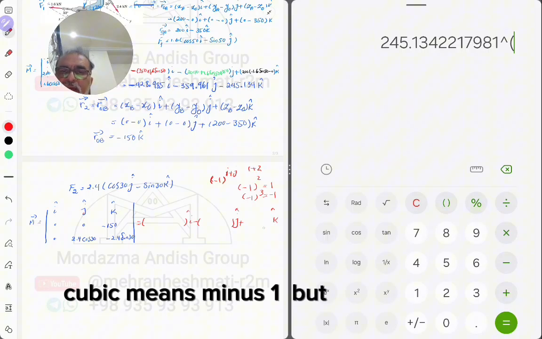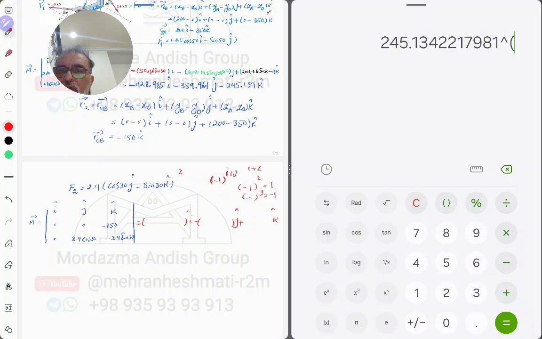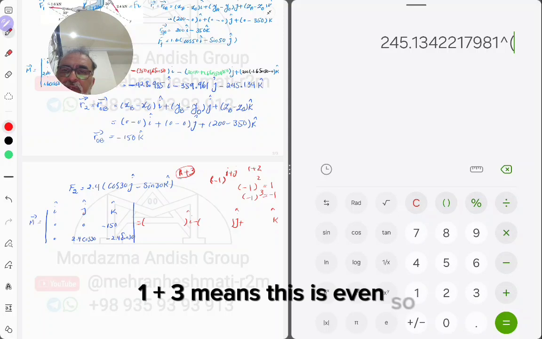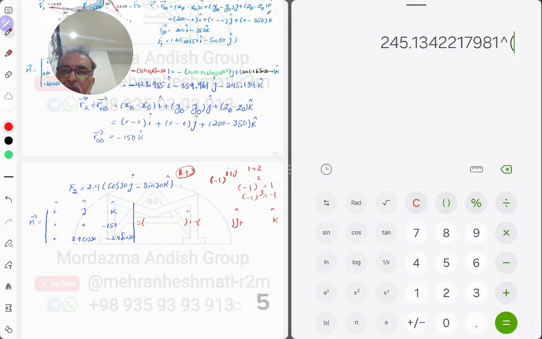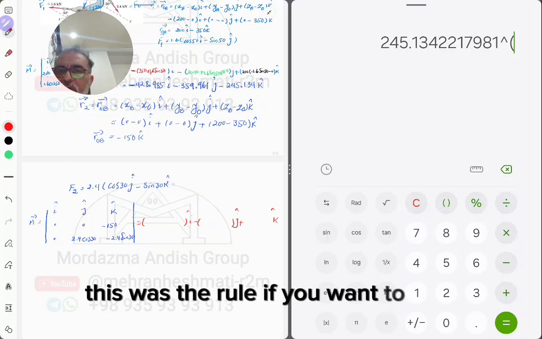But the third one is 1 plus 3, which is even, so you can find plus 1. This was the rule if you want to know.